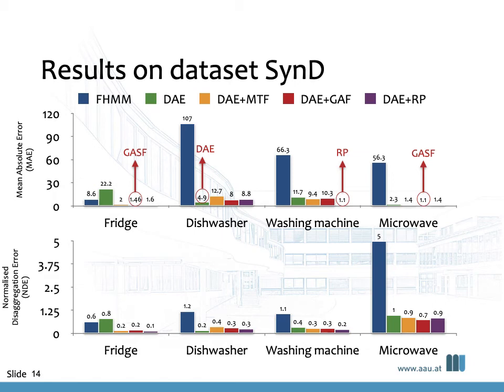Exception to this trend is the dishwasher, which provides better results with the one-dimensional denoising autoencoder. As for comparing between the three imaging algorithms, we notice that the Gramian angular summation field provides better results in most cases, though recurrence plot could also be a viable alternative in some cases, like the washing machine.